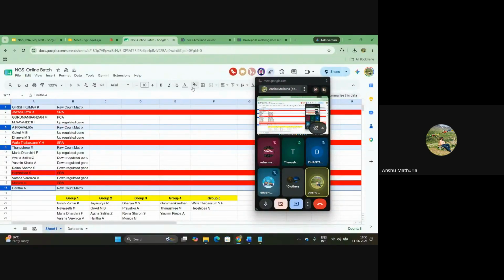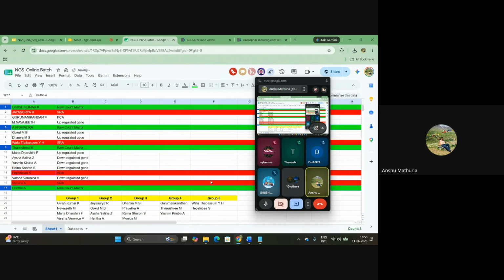Are all 4 of them present today? If so, can you please raise your hand? Tanushri, Girish, Harita, and Pravalika. Pravalika, are you there?